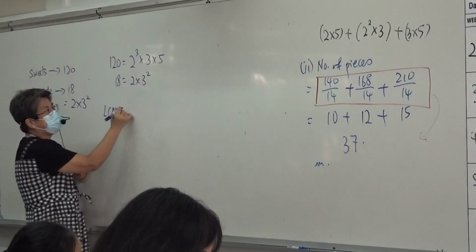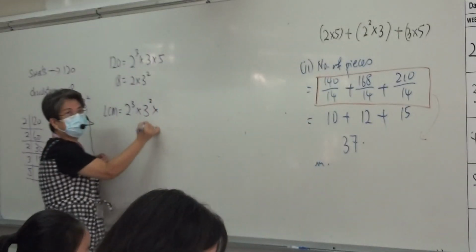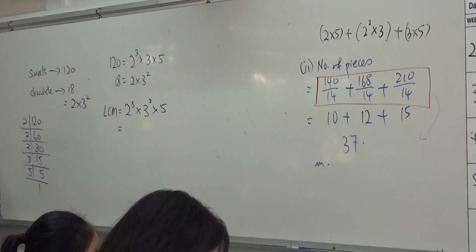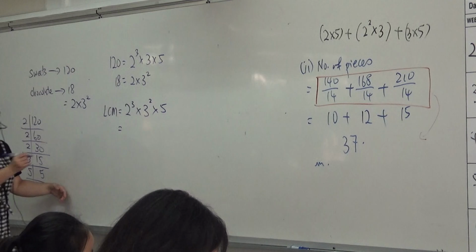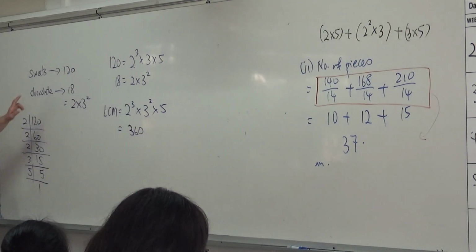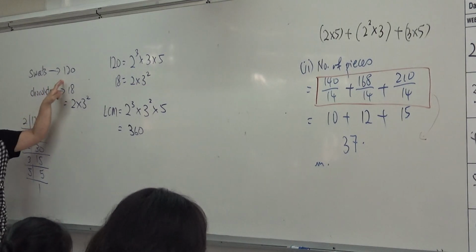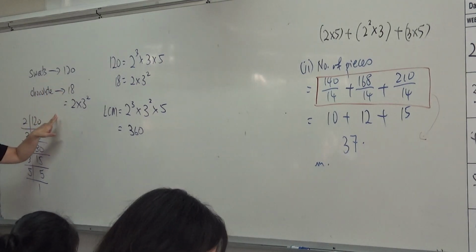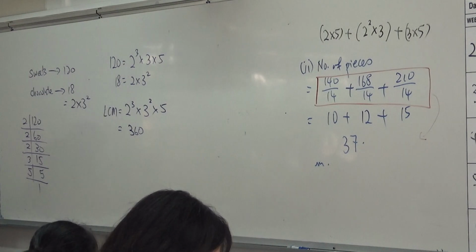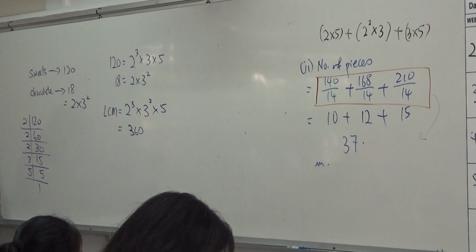So 2 to the power 3, 3 to the power 2 and 5. All of you keep a calculator for this? 360. That means I must buy 360 sweets and 360 chocolates, right? Then you have the same number. You agree? Okay, then the question says, find the least number of packs of sweets that you could have bought.